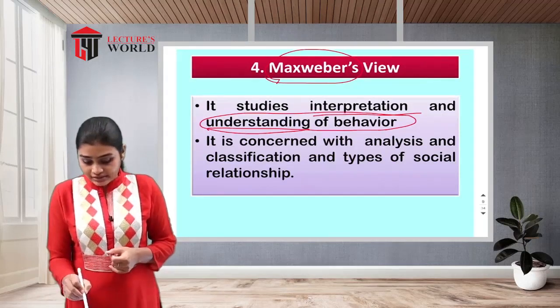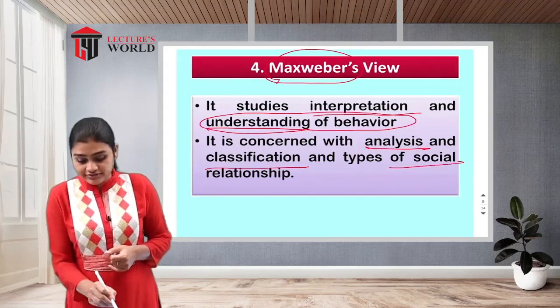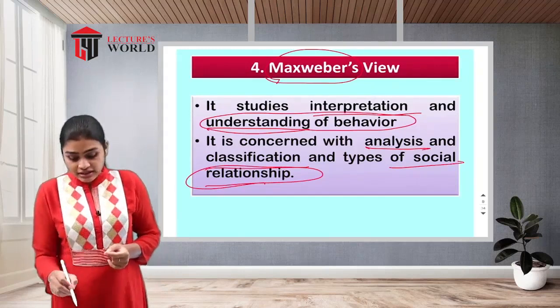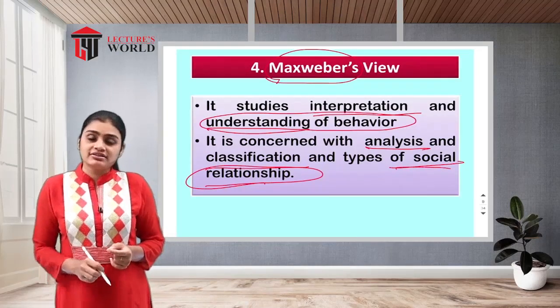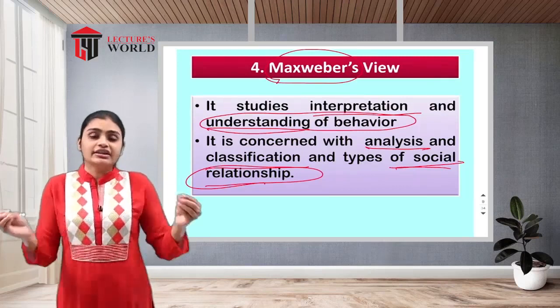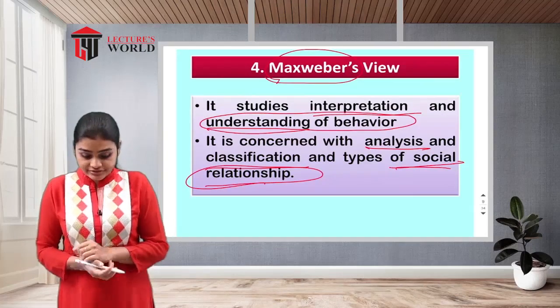Further, it is concerned with analysis and classification and types of social relationship. So as Simmel has done, the analysis and classification of social relationships and which type of relationship they have with other individuals, that also has been identified by Max Weber.